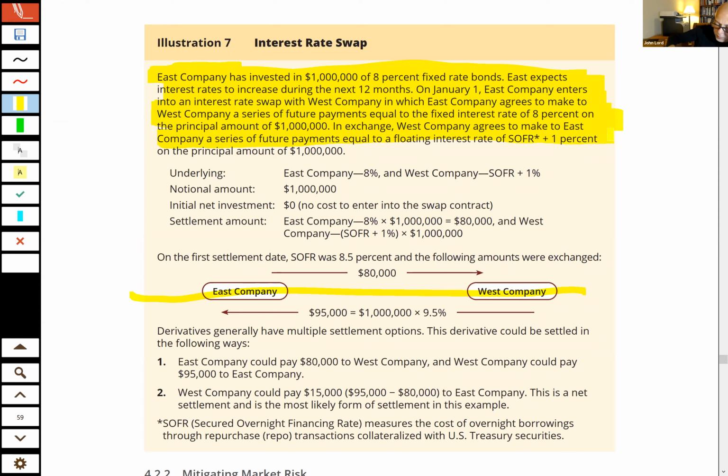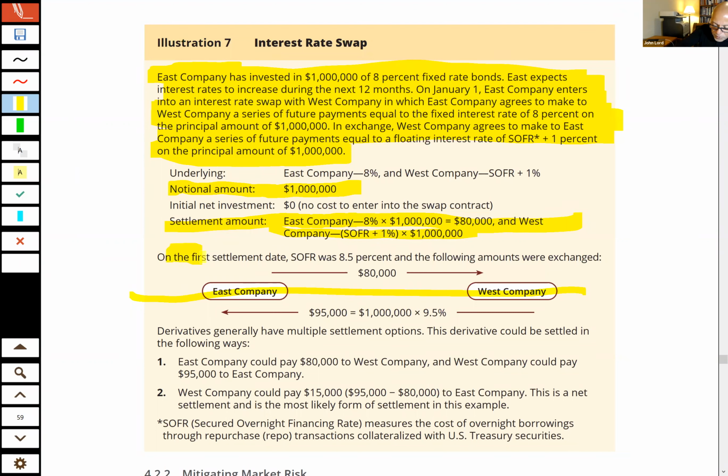a floating interest rate of SOFR plus 1. Okay, and this SOFR is this particular index that they're using for this. So we look and we have the notional amount of $1 million, and then we have the settlement amount, and it's 8%, 80,000, and for West Company, it's SOFR plus 1.